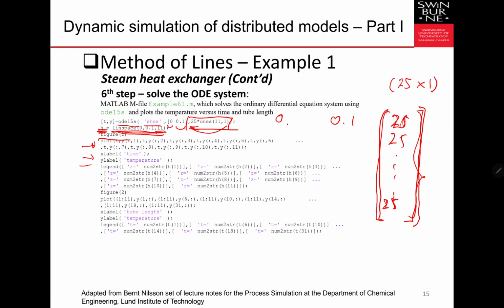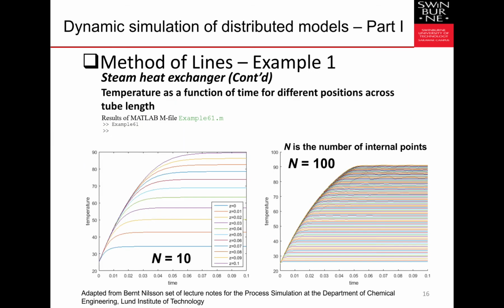Okay, figure 1 and figure 2 show you the temperature with a different representation. Okay, so let's move into the results in here. Figure 1 will give you, on the left hand side, the result if you use an internal grid point of 10, and on the right hand side if you use an internal grid point of 100. Okay, so what we see in here is we plot time on the x-axis.